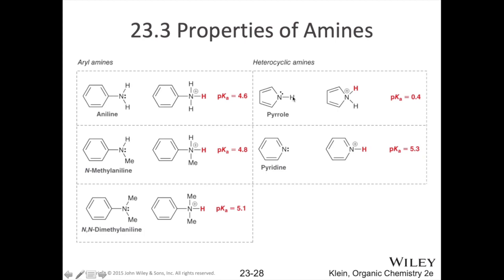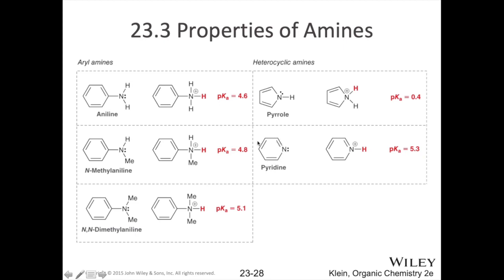Pyrene and pyrrole and pyridine, I think we've talked about that already. I alluded to it earlier when I was talking about the nitrogen being sp2 hybridized and the role of the lone pair, which may or may not be involved. Just to jog your memories really quickly, pyridine doesn't need that lone pair for aromaticity.